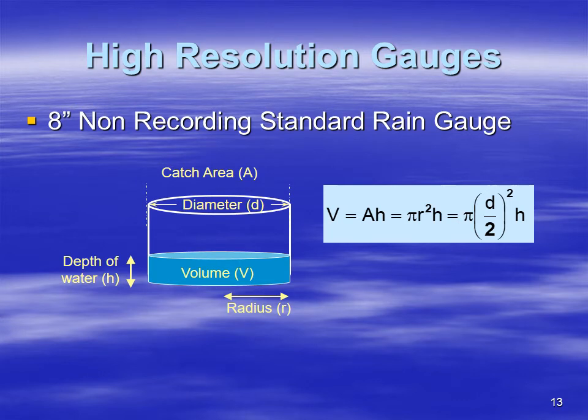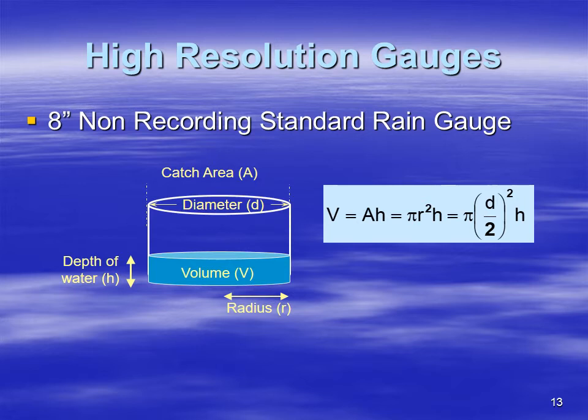We're going to go through a little bit of math here. I'm showing you the big can, what we call the catch area. This is the width of the funnel, the top of the funnel. We're going to say it has a diameter of D, and we know that for the standard rain gauge, that diameter is 8 inches.